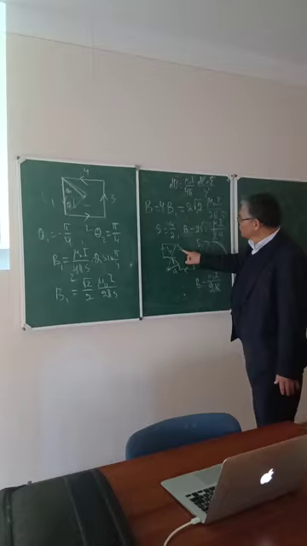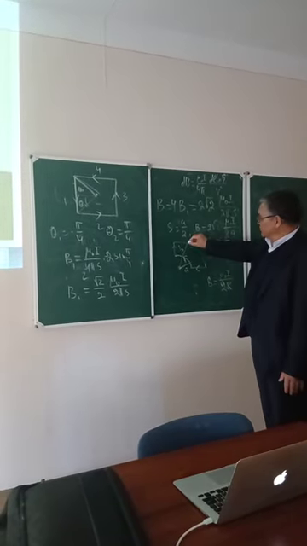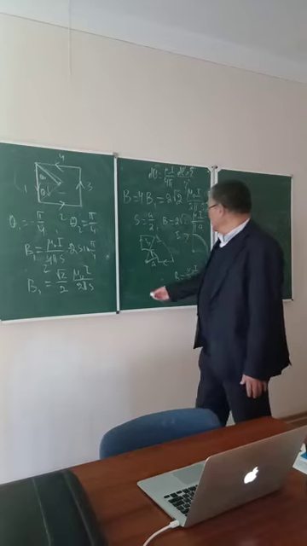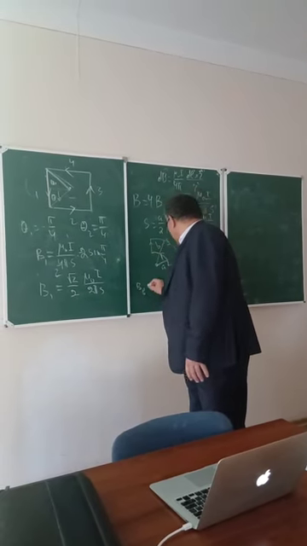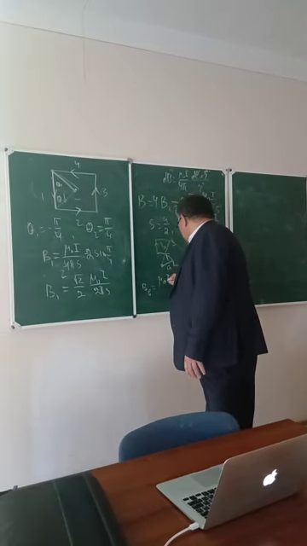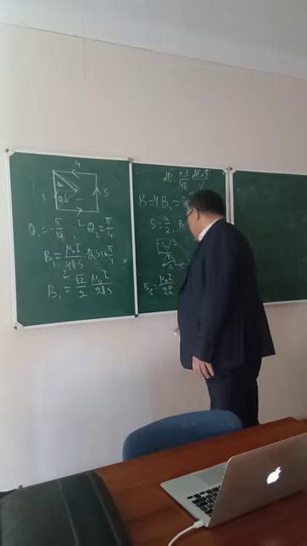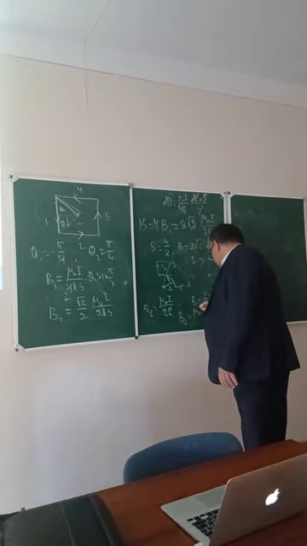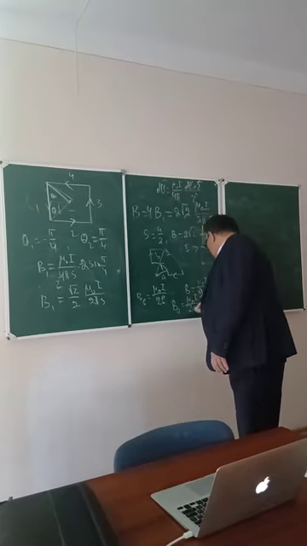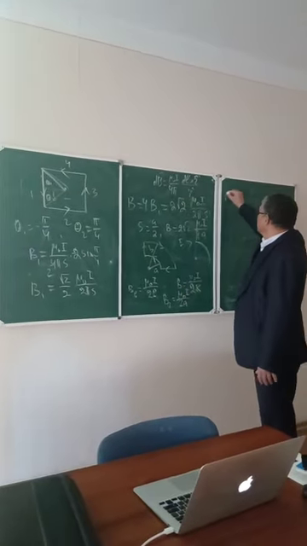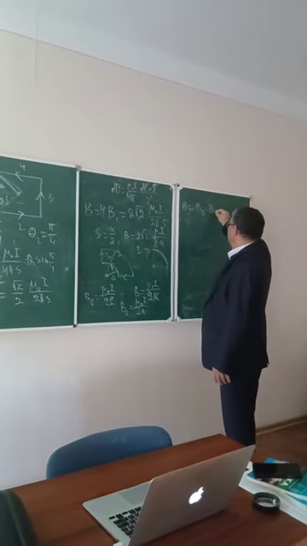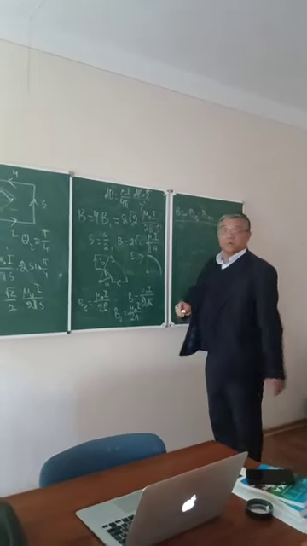The magnetic field due to this current on the b radius is B_b equals mu naught I divided by 2b, and B_a is equal to mu naught I divided by 2a. So the resulting magnetic field is equal to B_b minus B_a. This is our result in this case.